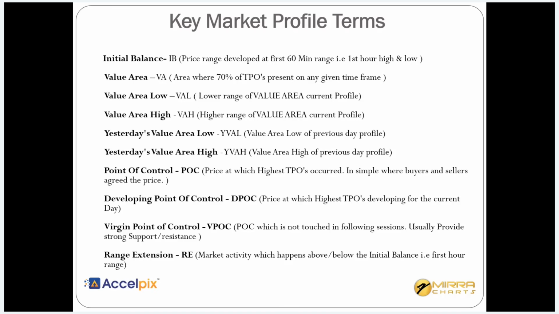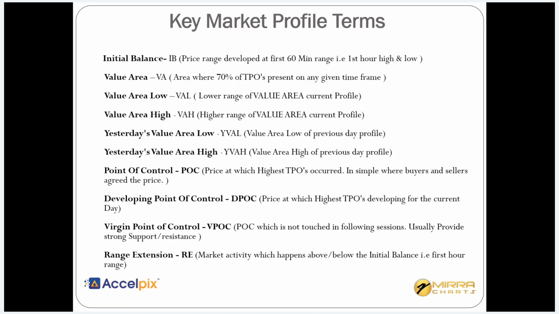Let's say if there is a range, I will show the examples in the chart as well. So value area is where 70% of the transactions happened on that day.